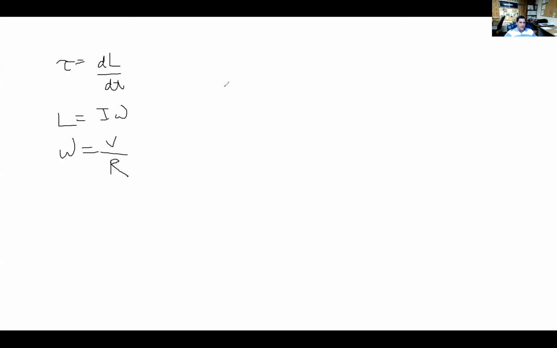So the angular momentum of mass A is equal to radius, mass A, velocity. For B, the angular momentum of B is equal to the same radius, mass of B, times its linear velocity.